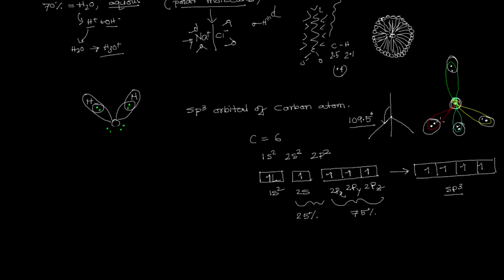This overlapping happens along the same axis, so that it is able to produce the sigma bond, and this is the strongest covalent bond between the carbon and the hydrogen atom. And this is the perfect tetrahedral structure too.